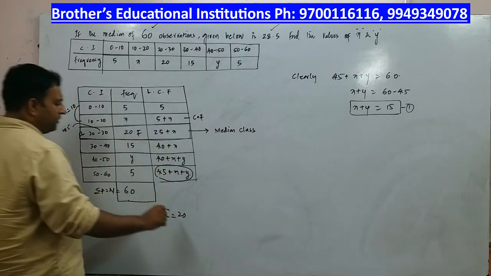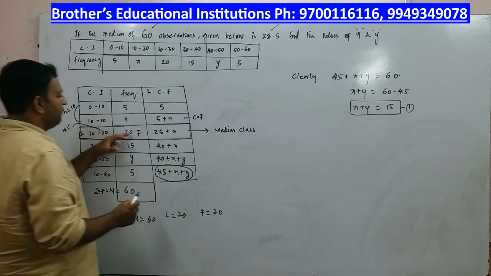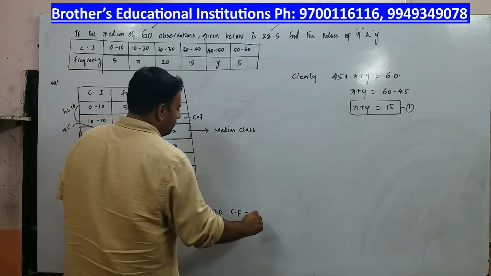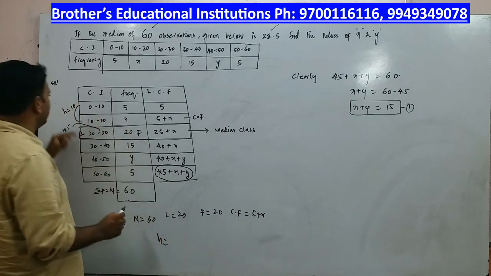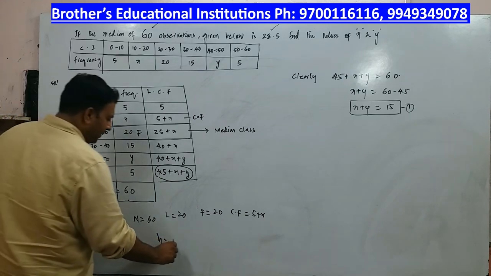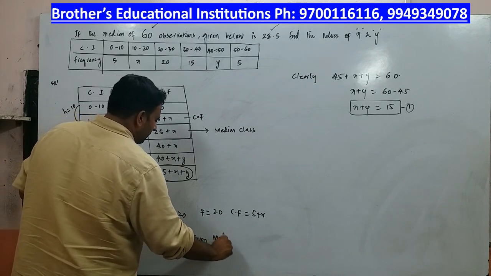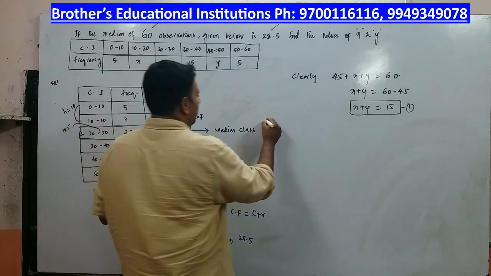And F is equal to 20. L is 20, F is also 20, and cumulative frequency is 5 plus x. And what is h, the width of the class? Width of the class is nothing but 10. Also, what is the median given to you? 28.5.